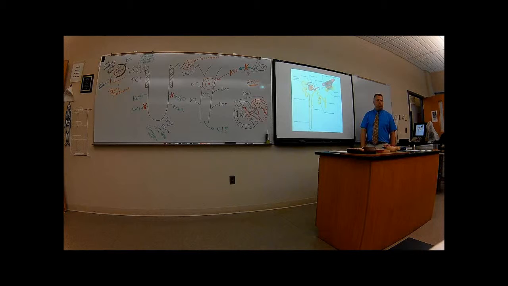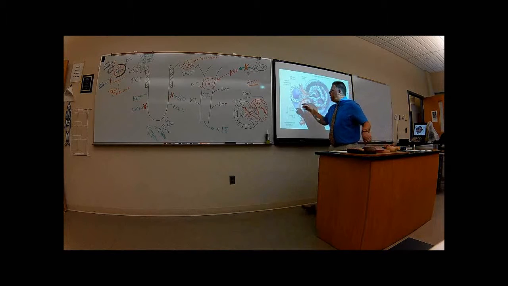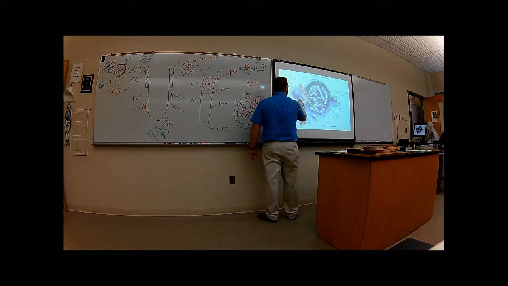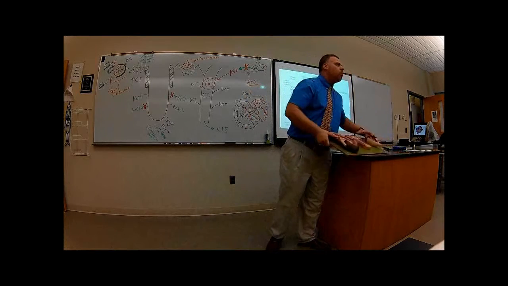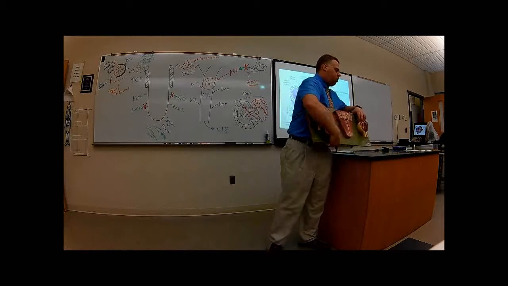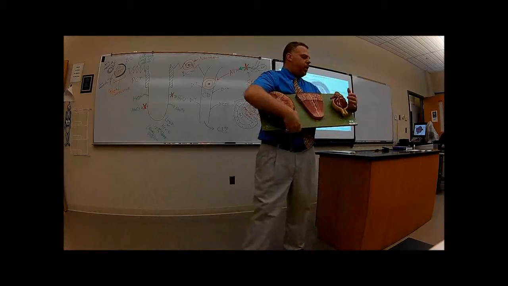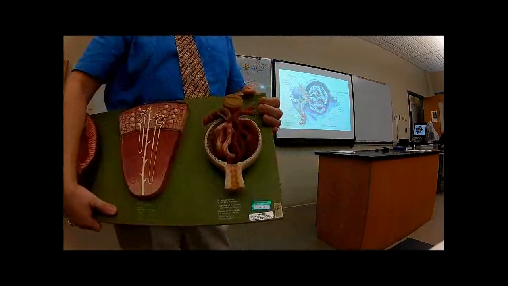Similar to here. Here's a DCT. Here's the afferent arteriole. You'll have JG cells here, macula densa over here. You also see it here.